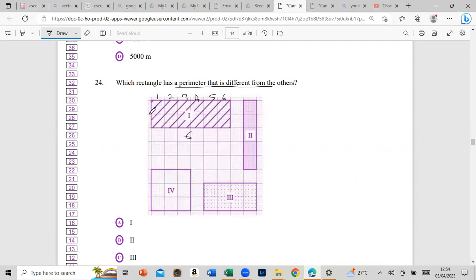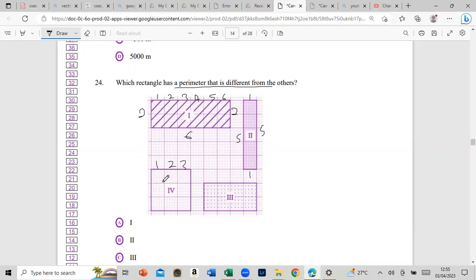And then we have 1, 2, so this is 2. Alright, we don't have anything to compare it with here, so let's do the next. So we have 1, 2, 3, 4, 5. So this side is 5, this side is 5. Still don't know the answer yet. 1, 2, 3, 4, 5, 6, 7, 8, 9, 10, 11, 12.